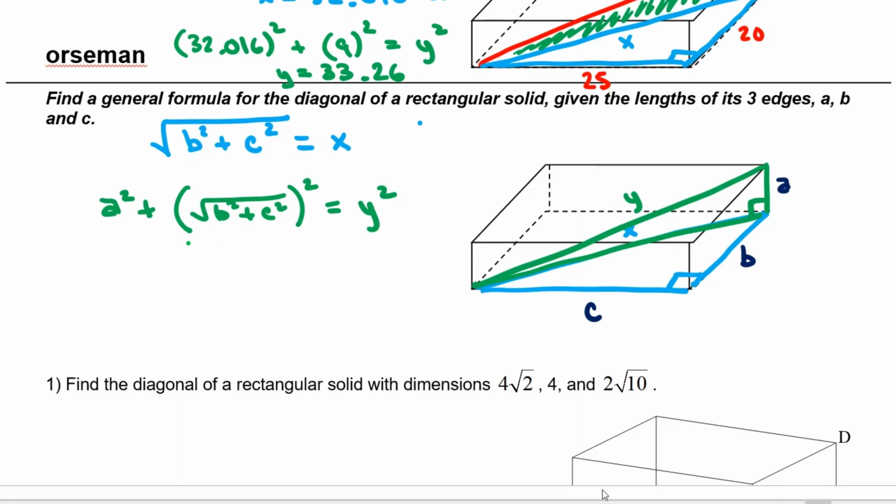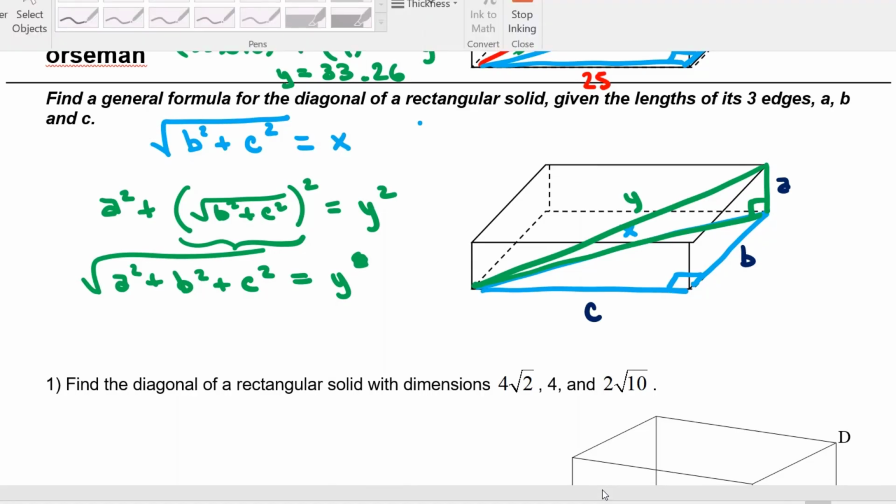And what's going to happen here is the square root and the squaring are going to basically cancel each other out. I'm going to be left with a squared plus b squared plus c squared equals y squared. Take the square root of both sides, and there is my formula.